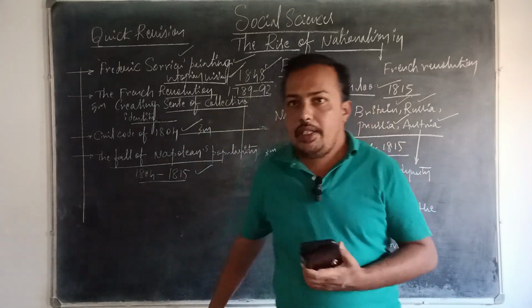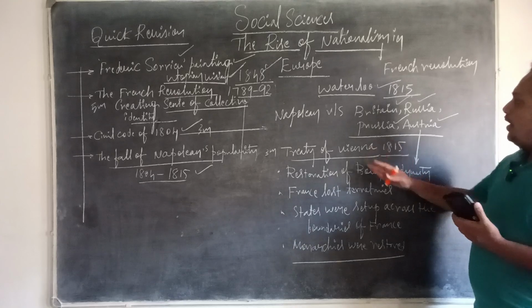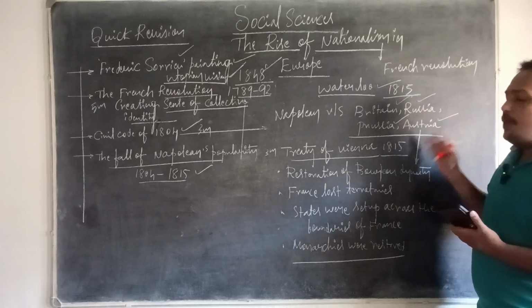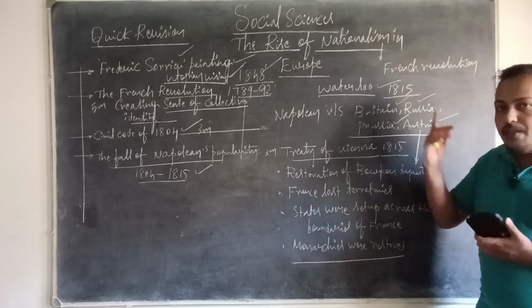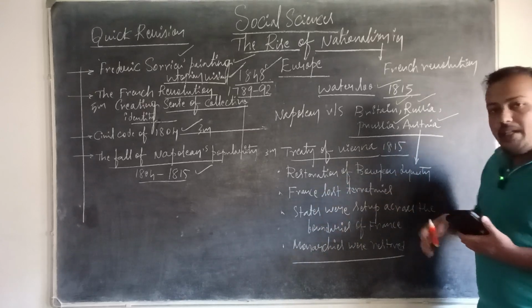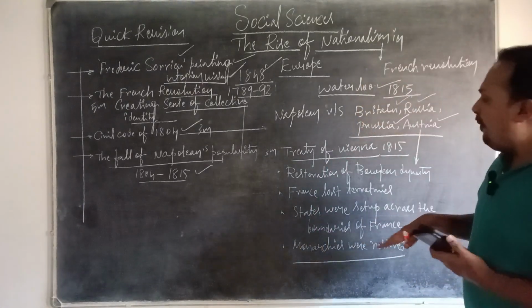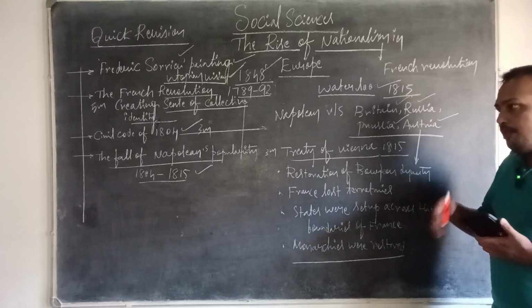So these are the key points related to the Treaty of Vienna. The Treaty of Vienna was a political agreement between Britain, Russia, Prussia and Austria. So what were the points? Restoration of the Bourbon dynasty in France. France lost the territories which were annexed to it by Napoleon Bonaparte, and states were set up across the boundaries of France to avoid its further expansionist policy.